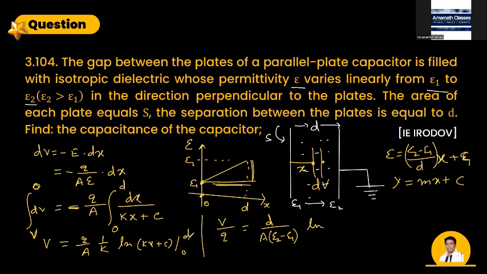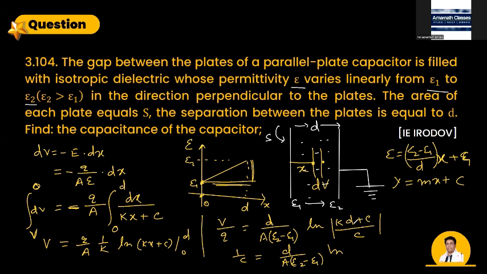If I put x as d, I get kd plus c, and if I put 0, I get only c, because k into 0 is 0 plus c. So this is the ln part. And V by Q is nothing but 1 by C, one by capacitance. So d by A, epsilon 2 minus epsilon 1, ln.